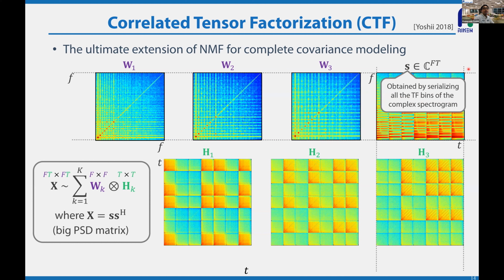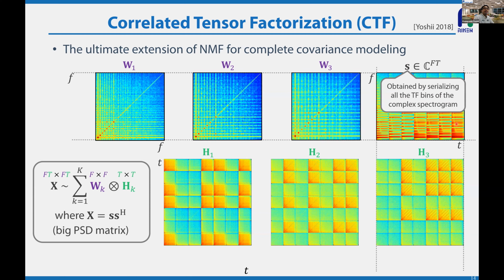So actually, this is a mixture complex spectrogram. So there are TF bins in this matrix: F frequency bins, T time frames. So there are TF time-frequency bins in total.